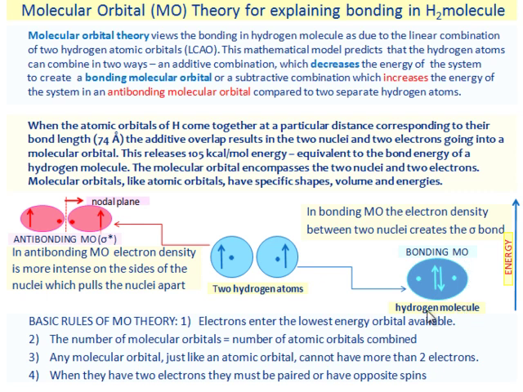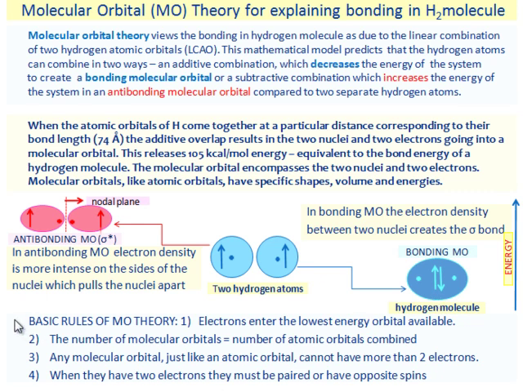This releases 105 kilocalories per mole energy, equivalent to the bond energy of a hydrogen molecule. The molecular orbital encompasses two nuclei and two electrons. Molecular orbitals, like atomic orbitals, have specific shapes, volume, and energies.